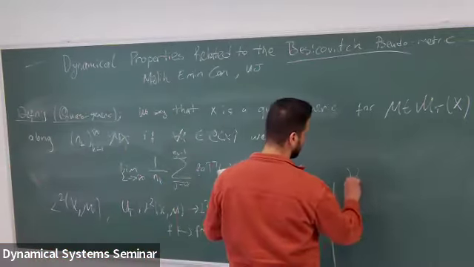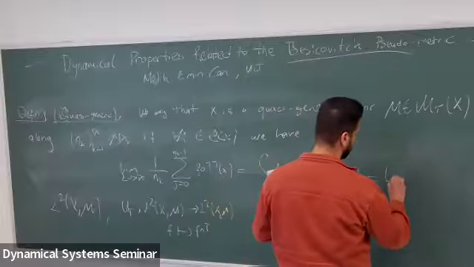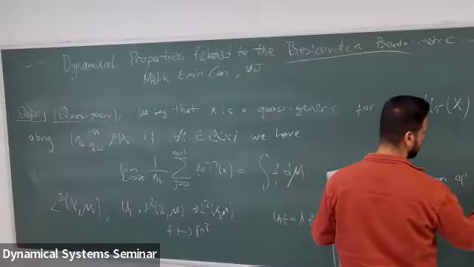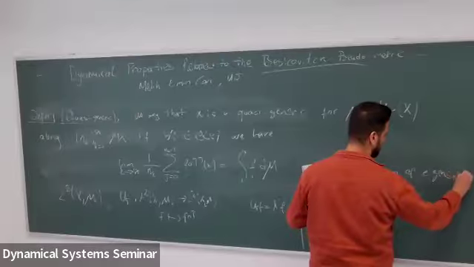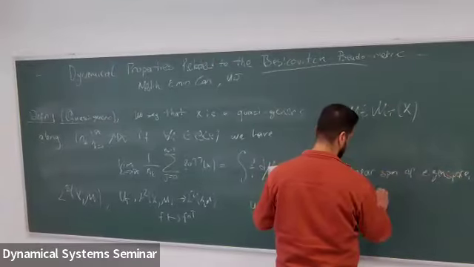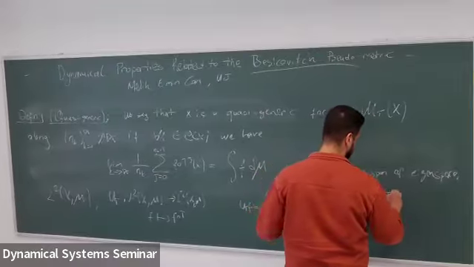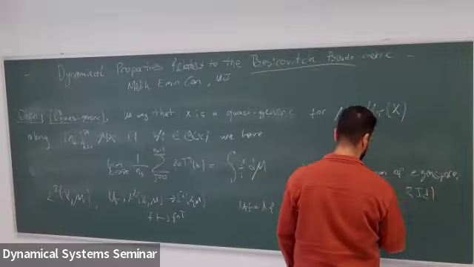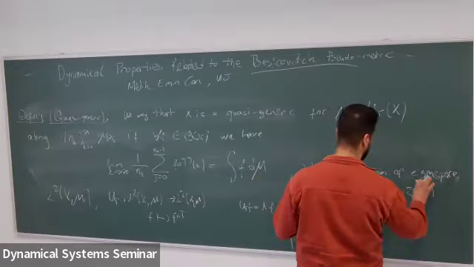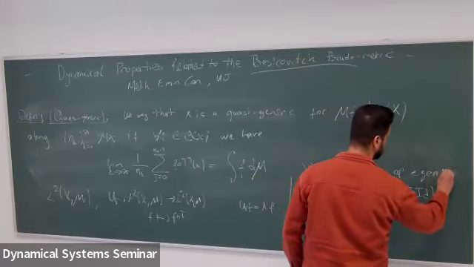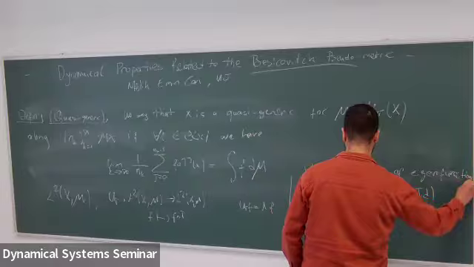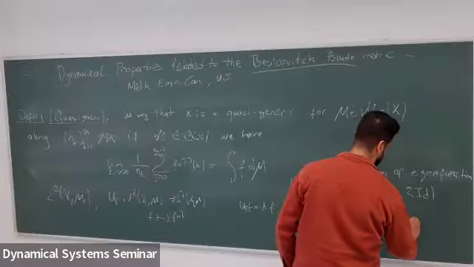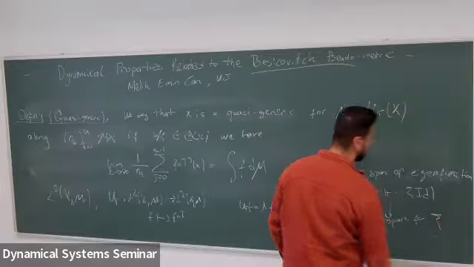For us, K denotes the linear span of eigenspaces.